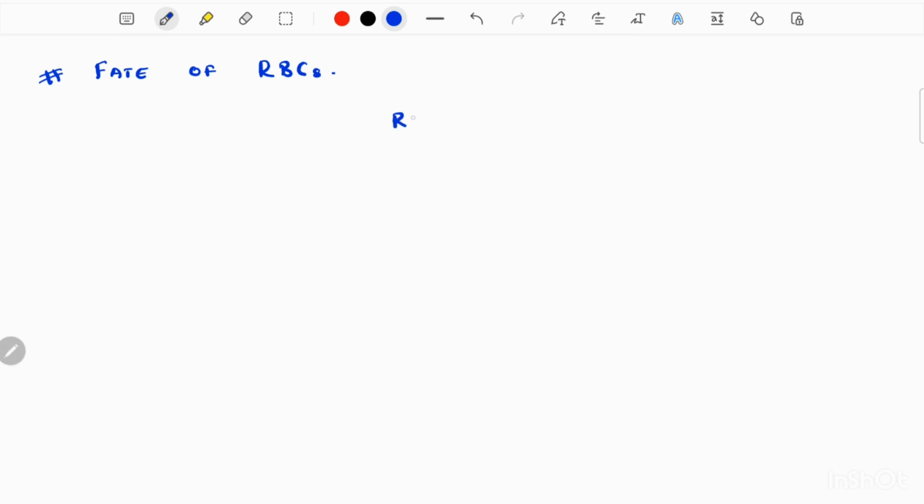Destroyed red blood cells are fragmented and hemoglobin is released from the fragmented part.